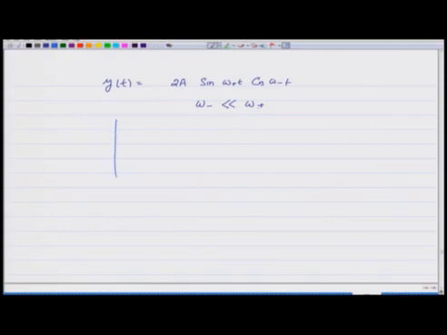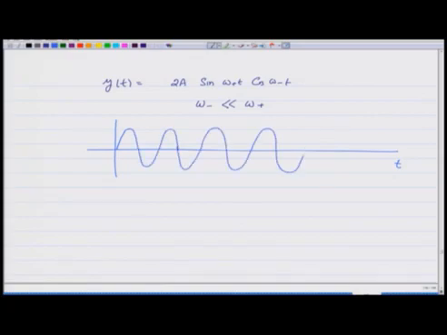So, if I were to plot it as a function of time, the first term omega plus t is very high frequency. So, that is going to vary very fast. The time period t plus, which is 2 pi over omega plus, is much shorter than t minus, which is equal to 2 pi over omega minus.